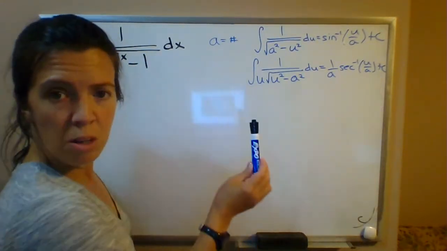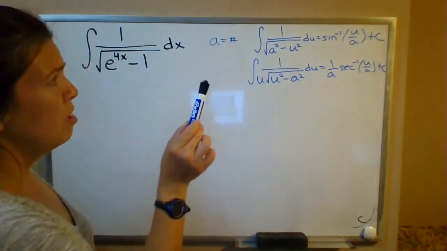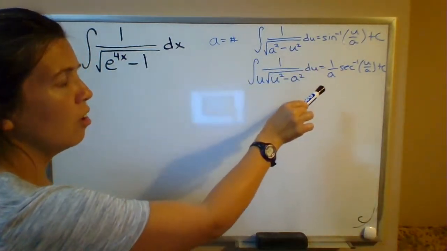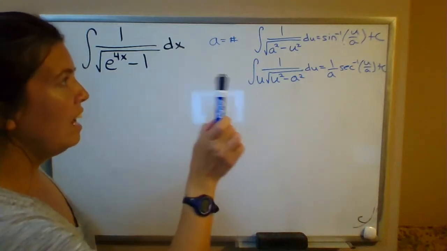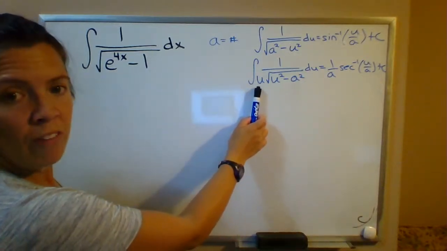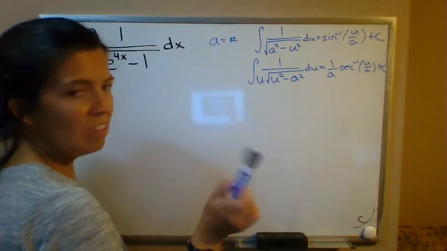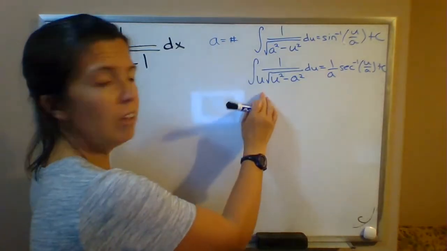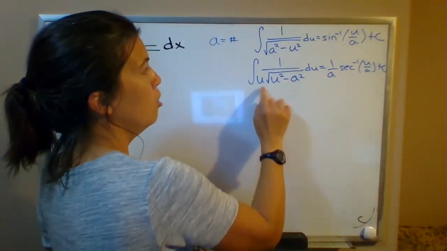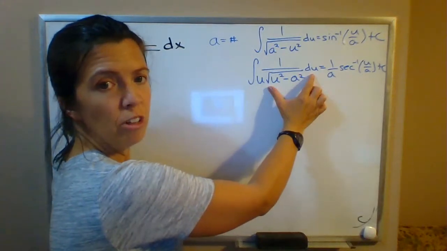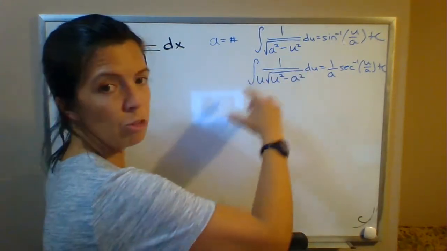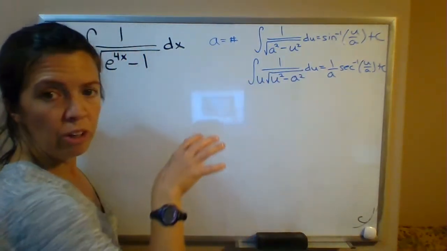So I said in the previous video that in order to distinguish between an arcsine and an arcsecant integral, the key is not whether or not the u is out front. The reason you can't count on seeing that u out front is because often u and du have a common factor, and that's been simplified out of the expression in the integral that you're given.